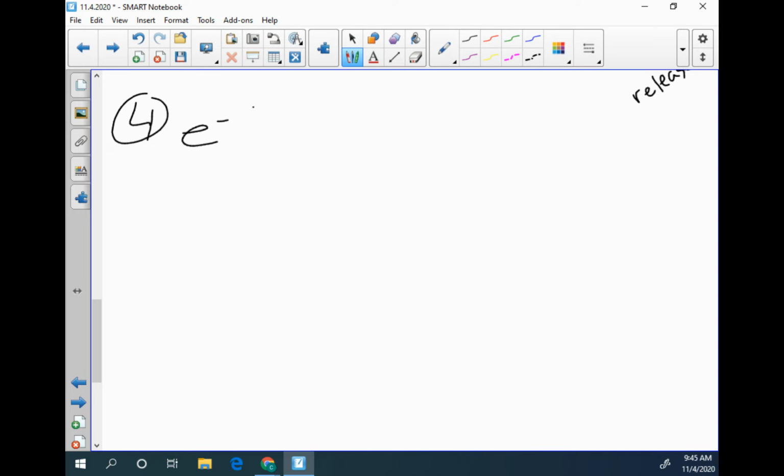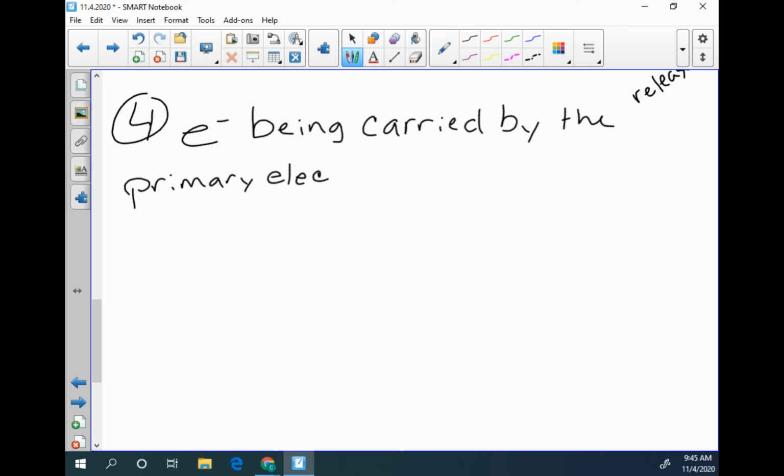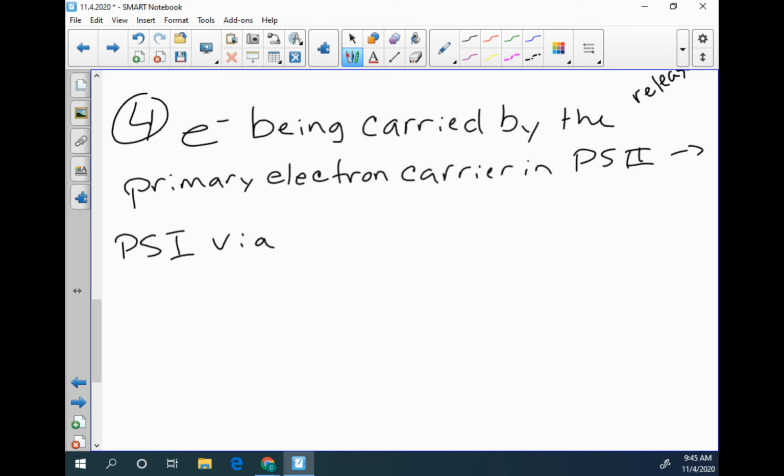So the electron being carried by the primary electron carrier in photosystem 2 will go to photosystem 1 via an electron transport chain.